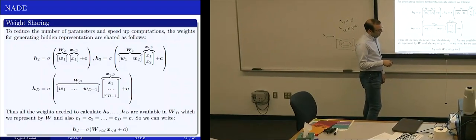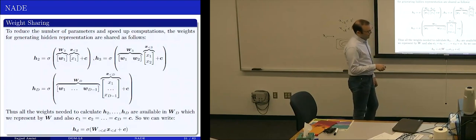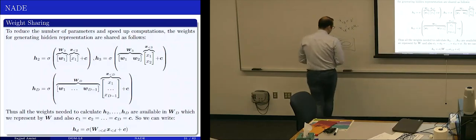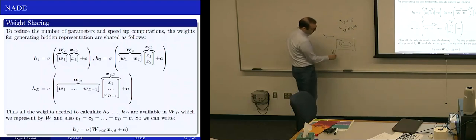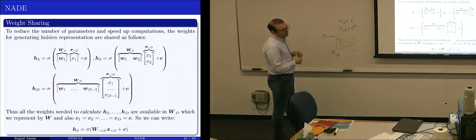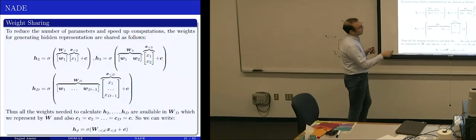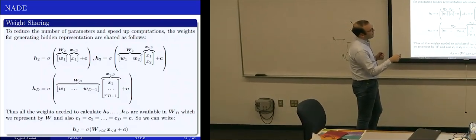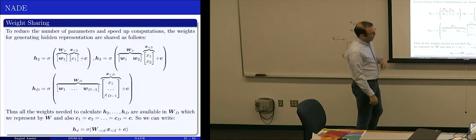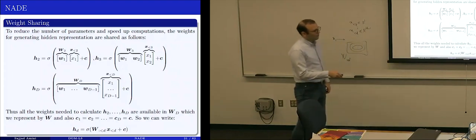It is the nonlinearity over this W less than D. This colon means the whole column, it's our notation from the start of the semester, and this is the index less than D. All the indices less than D, and you can see here that, for example, for the second you have less than 2, just one. And also the sharing of the bias.